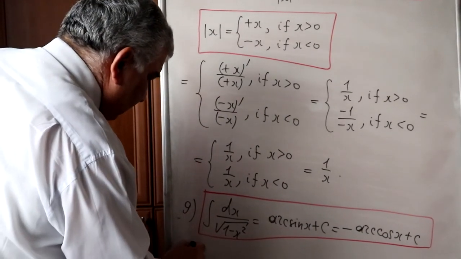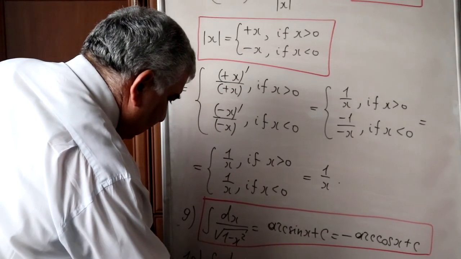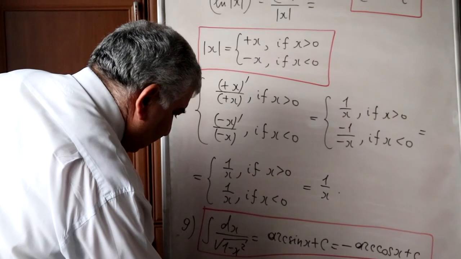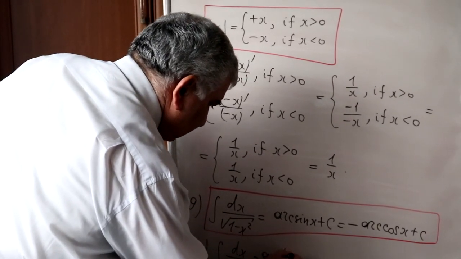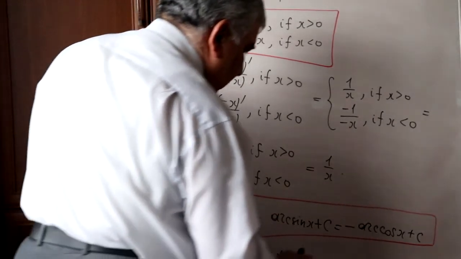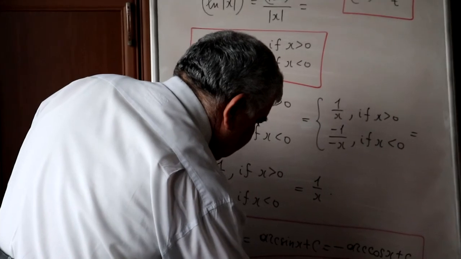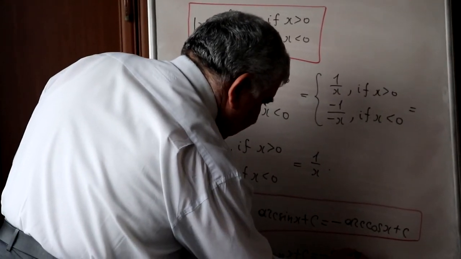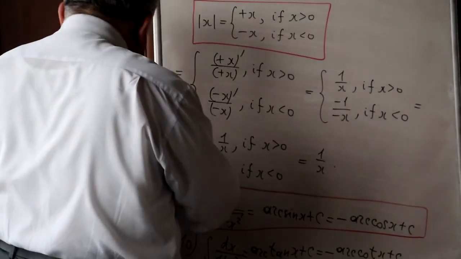Tenth formula, integral of dx over 1 plus x squared is equal to arctangent x plus c, or minus arccotangent x plus c.